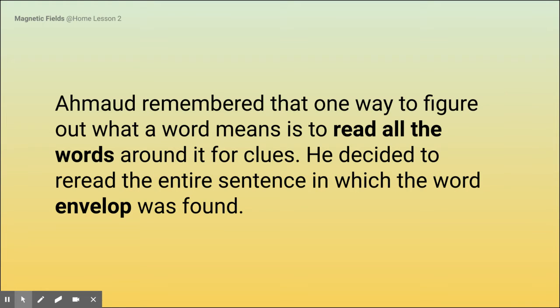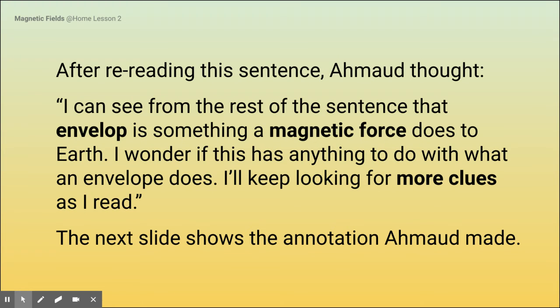Amund remembered that one way to figure out what the word means is to read all the words around it for clues. He decided to read the entire sentence in which the word envelop was found. After rereading the sentence, Amund thought, I can see from the rest of the sentence that envelop is something that a magnetic force does to Earth.